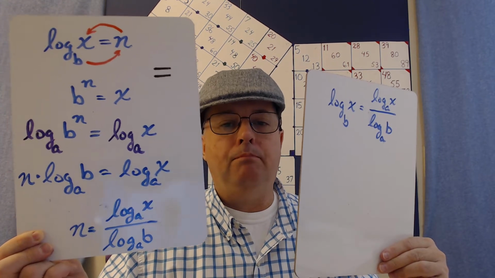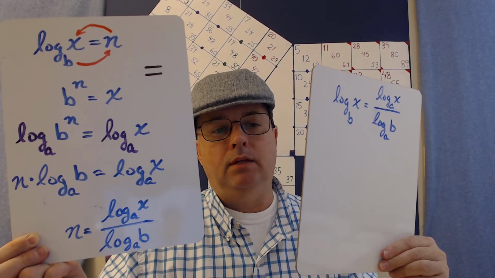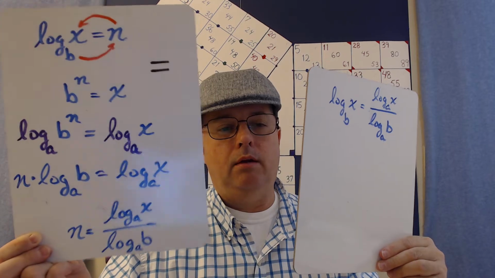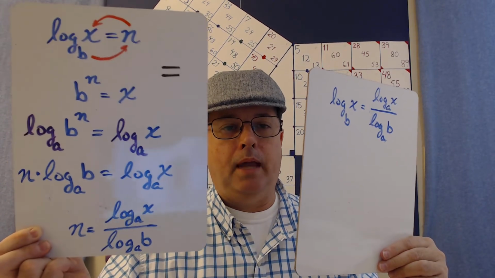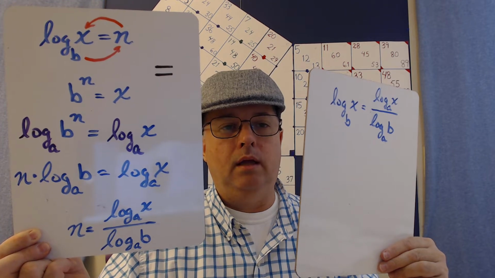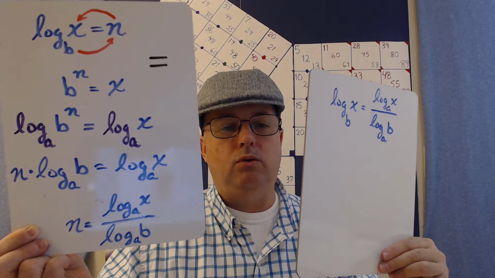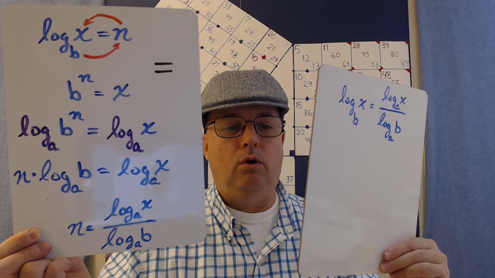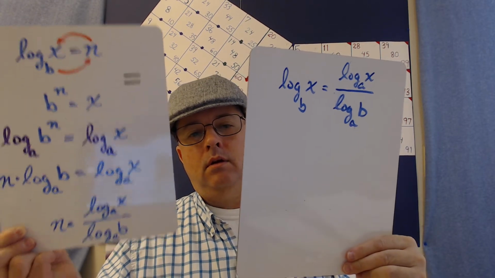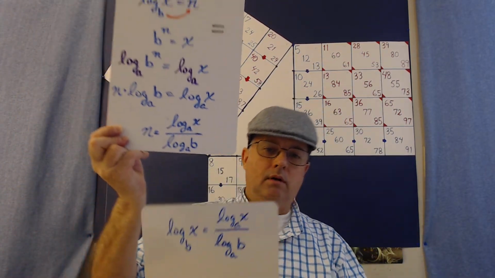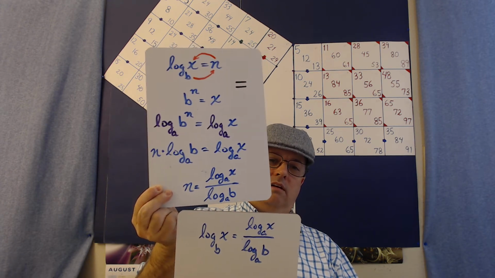And so the n was being multiplied by the log base a of b. That means that on the other side, we can divide by the log base a of b. So now at the top, n is equal to the log base b of x. And at the bottom here, n is also equal to the log base a of x over log base a of b. And so then that means that, maybe we can do it like this. Can we do it like that? Okay, yeah.